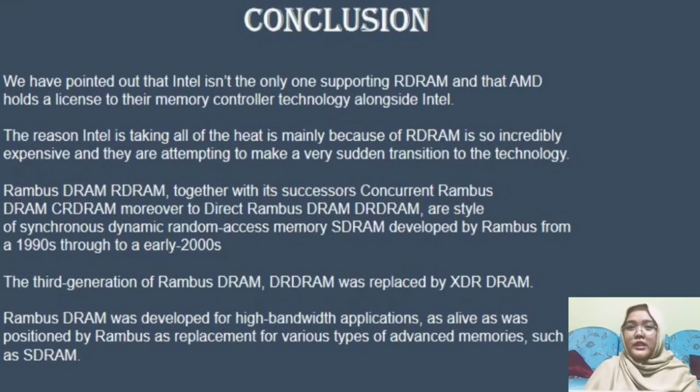For the third conclusion, Rambus DRAM, which is RDRAM, together with its successors Concurrent Rambus DRAM, CRDRAM, and Direct Rambus DRAM, are a type of synchronous dynamic random access memory developed by Rambus from the 1990s through to the early 2000s. Number four, the third generation of Rambus DRAM was replaced by XDR DRAM.